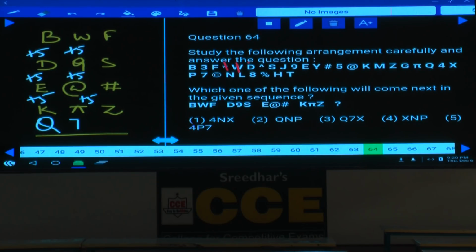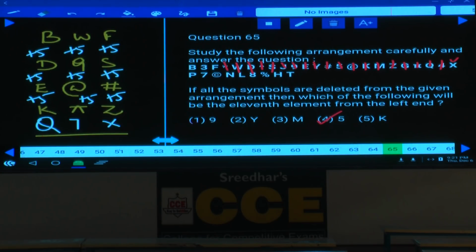F to S 1, 2, 3, 4, 5 plus 5, and S and pi plus 5, and pi and Z plus 5. Next one Z plus 1, 2, 3, 4, 5. Then what is the element here? X is the element. Hence Q7X, that is given in choice 3. Each of these elements, 5 letters are added. Choice 3.